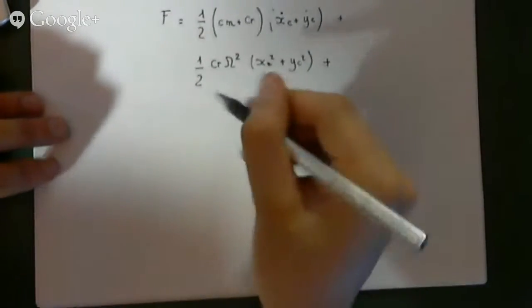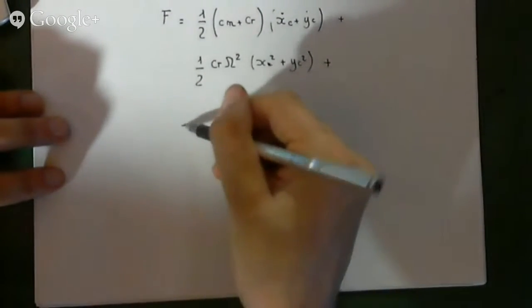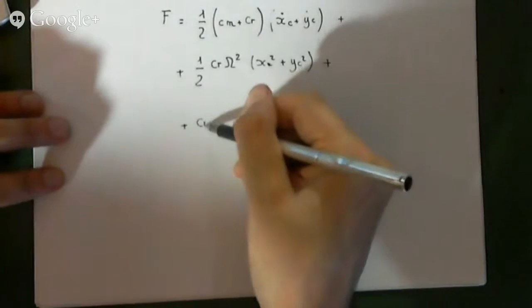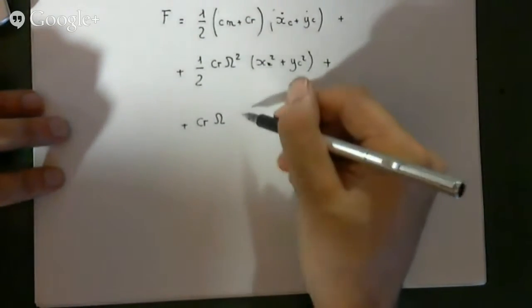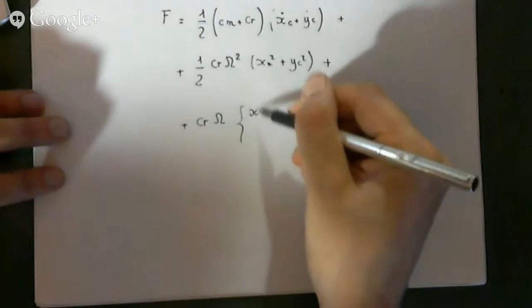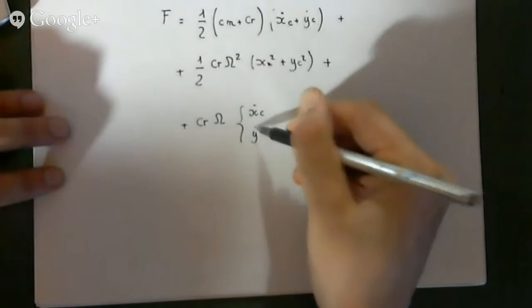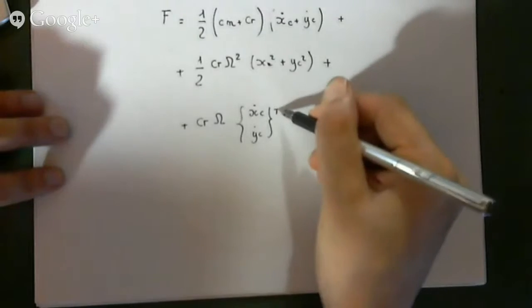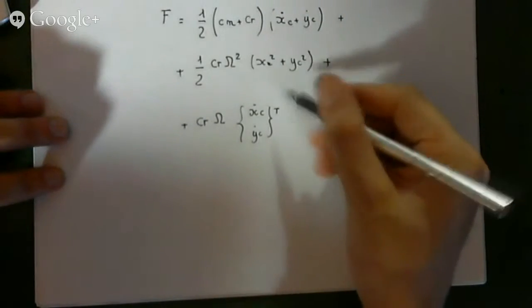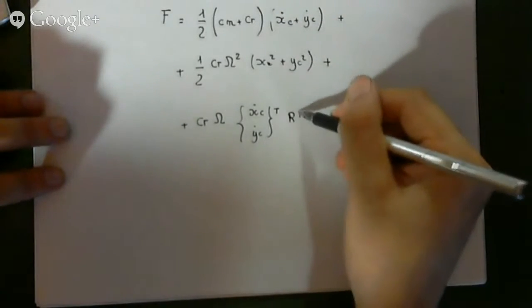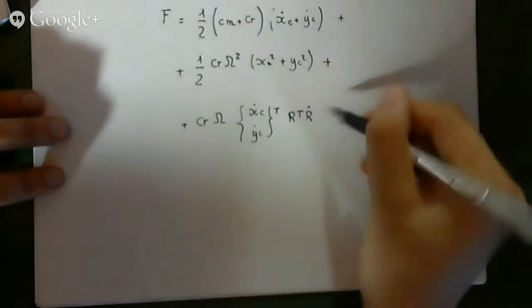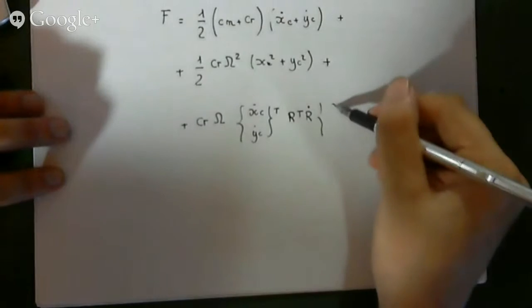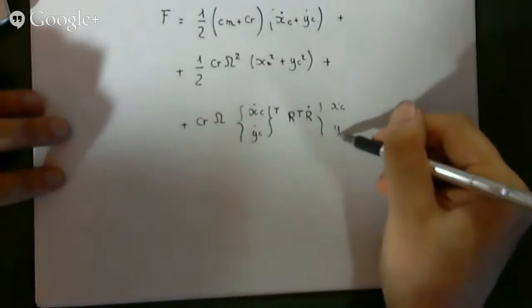plus the third term, plus Cr omega times x point C, y point C transposed times R transposed R point xC, yC.